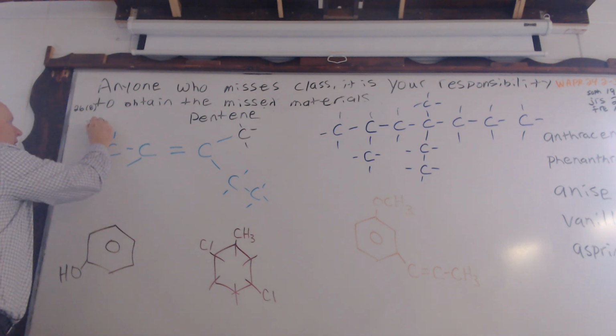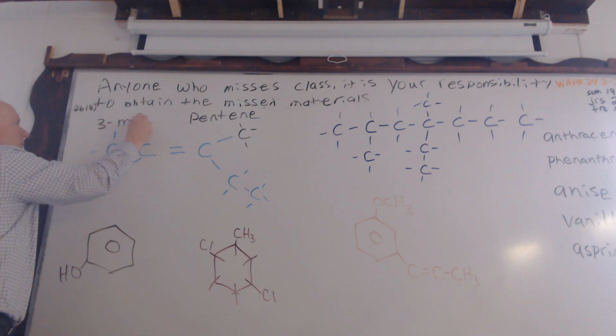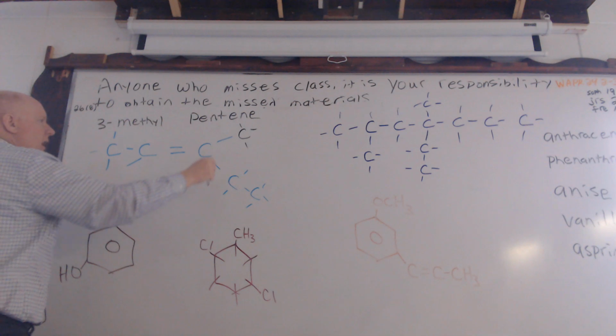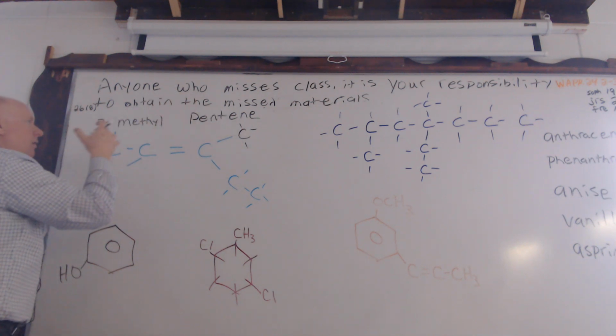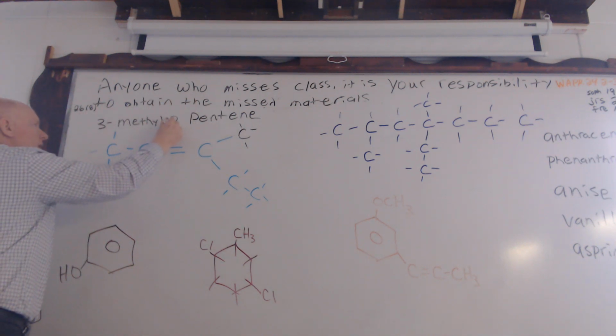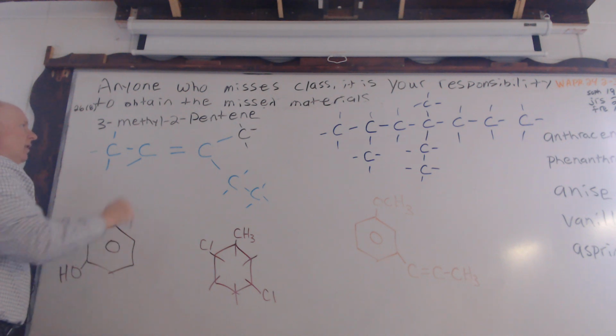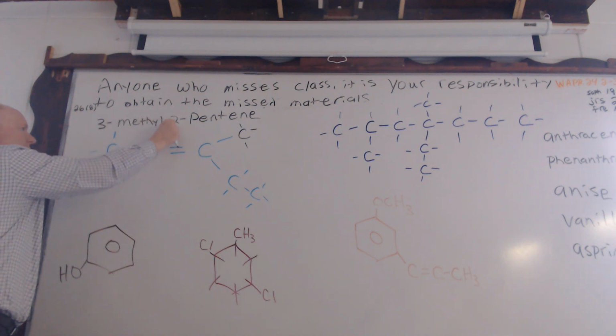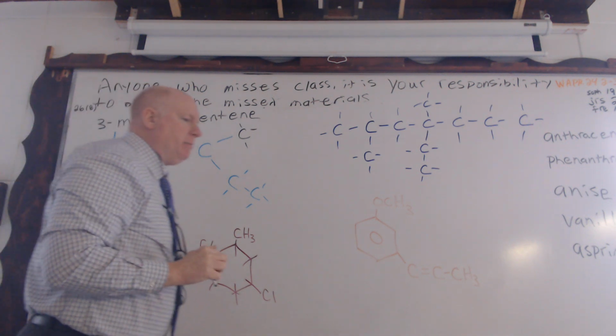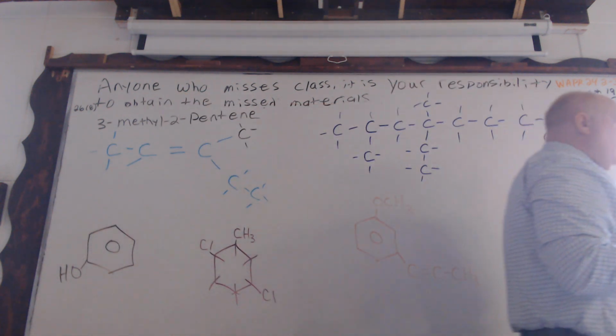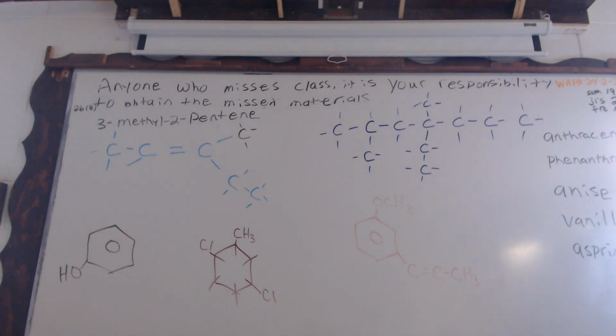So on our third carbon, we have a methyl group. So we've accounted for this. Then we just need to account for that. Remember, if there's nothing written after a number, it's telling you where a bond is located or its organic family, whether it's a ketone, whether it's an alcohol, or a double bond in this case.